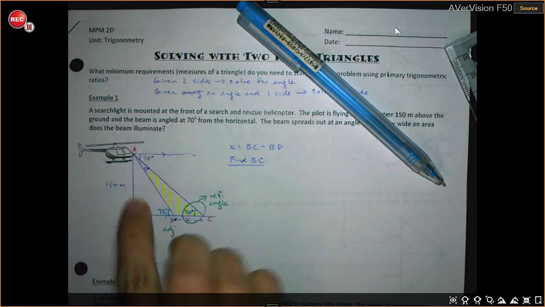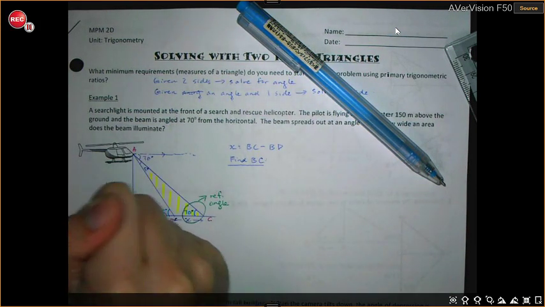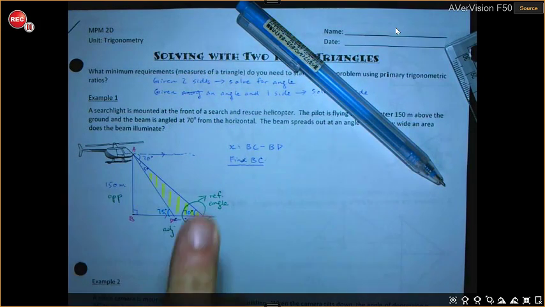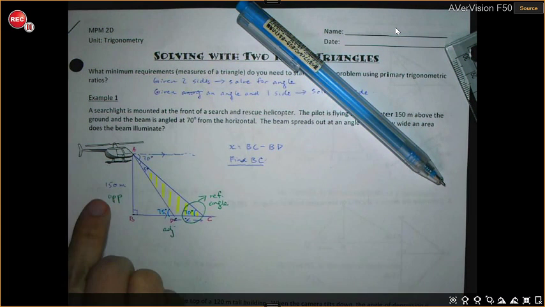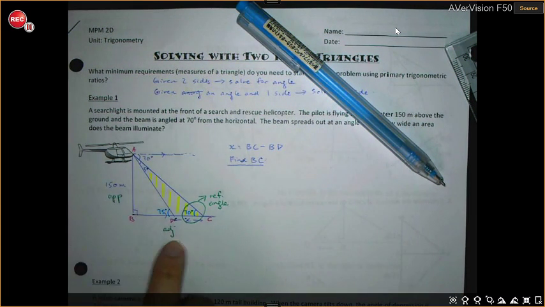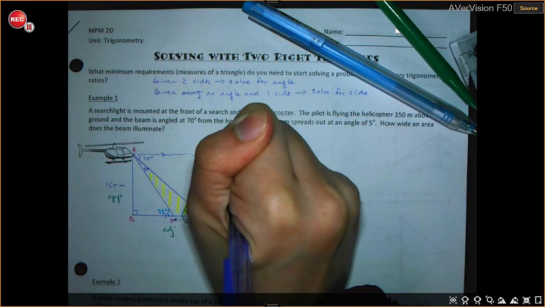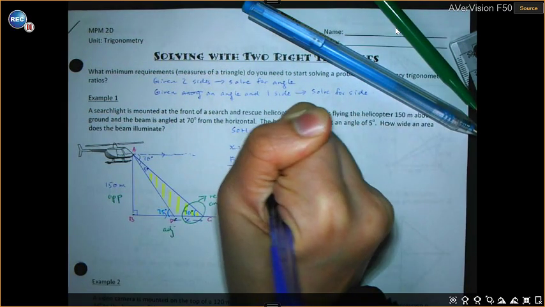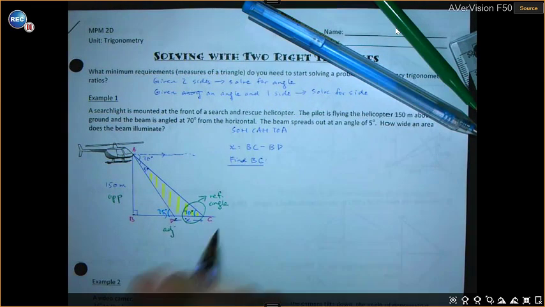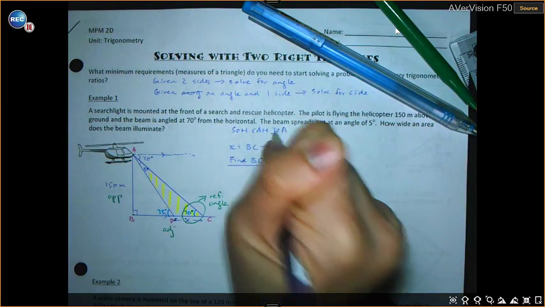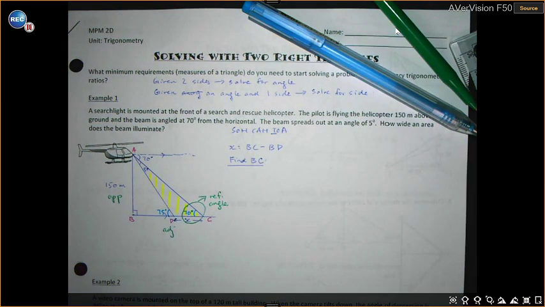And the side that's given is the opposite. We have the reference angle and the opposite side, and we're trying to find the adjacent. So using what we know, SOHCAHTOA, opposite and adjacent, we will use the tan ratio.